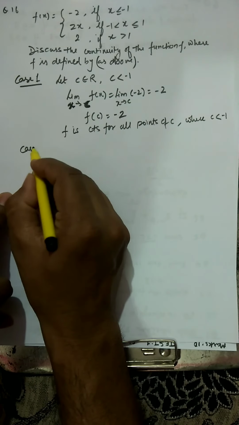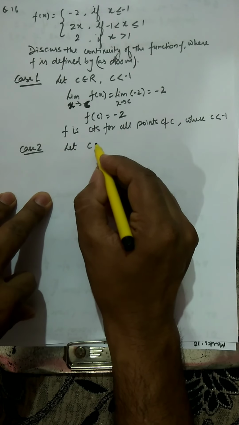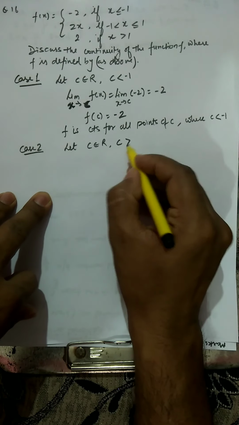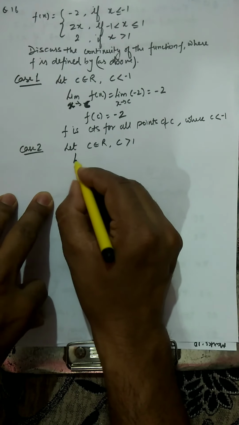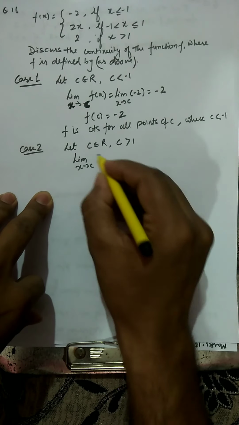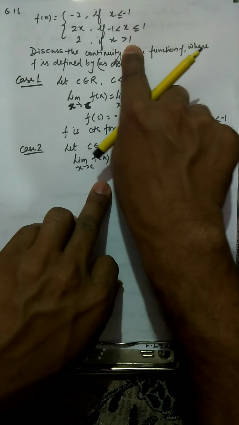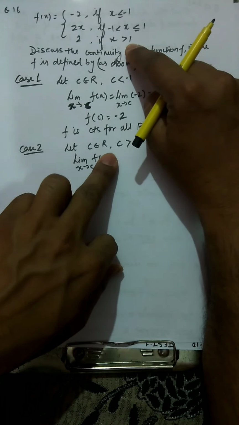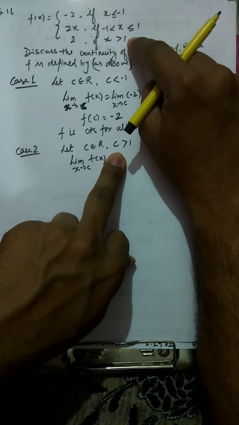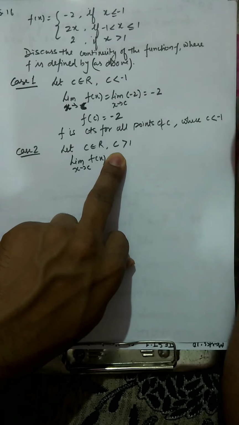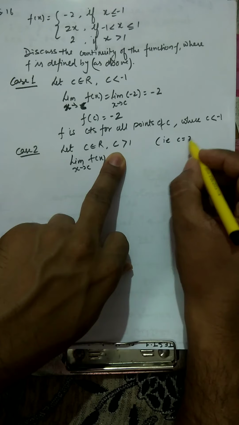Come to case 2. Let c belong to R and c greater than 1. In that case, we'll take limit x tends to c of f(x). Now here you have to focus on one more thing: if x greater than 1, it means c is greater than 1. For your convenience, I can take the value c as 2.